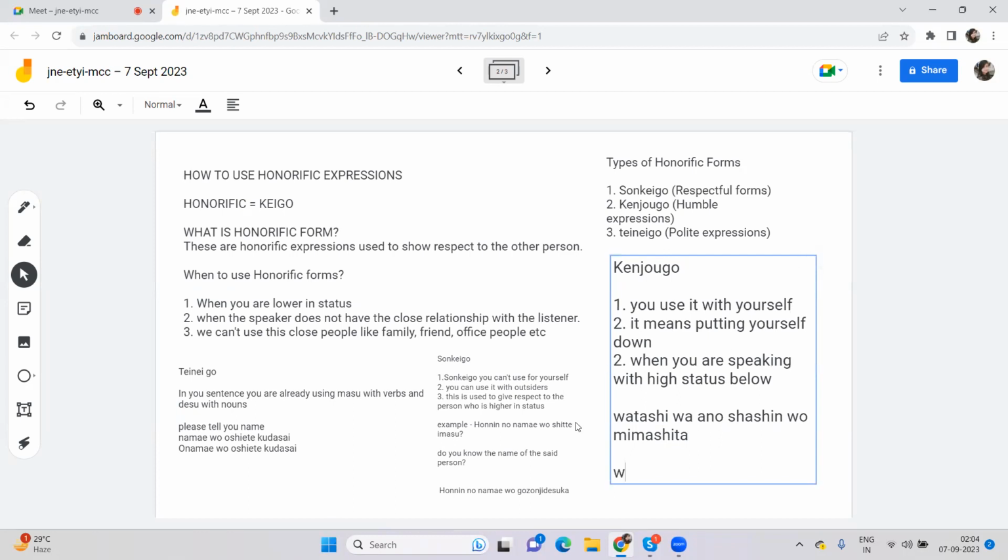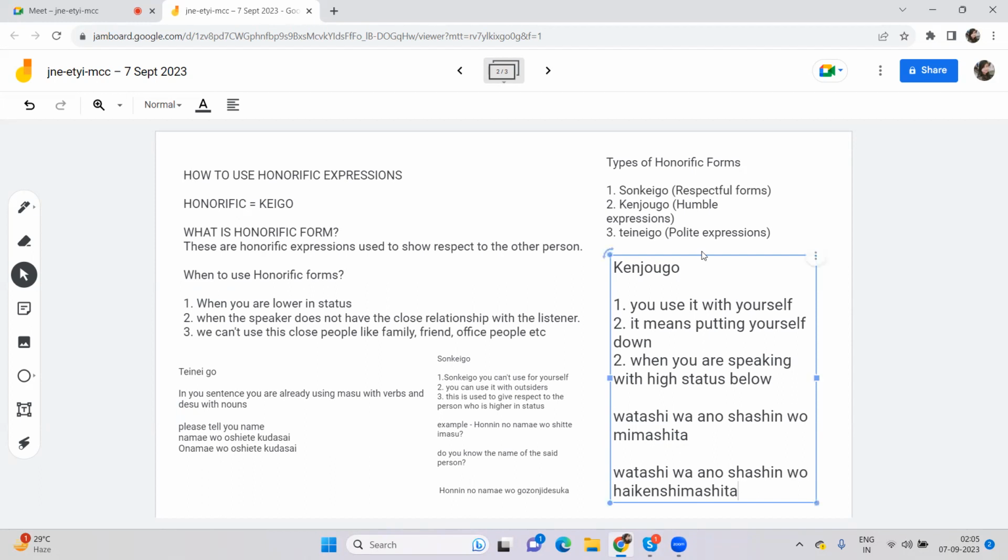Same line, I will change mimashita to haiken shimashita. Watashi wa ano shashin o haiken shimashita.